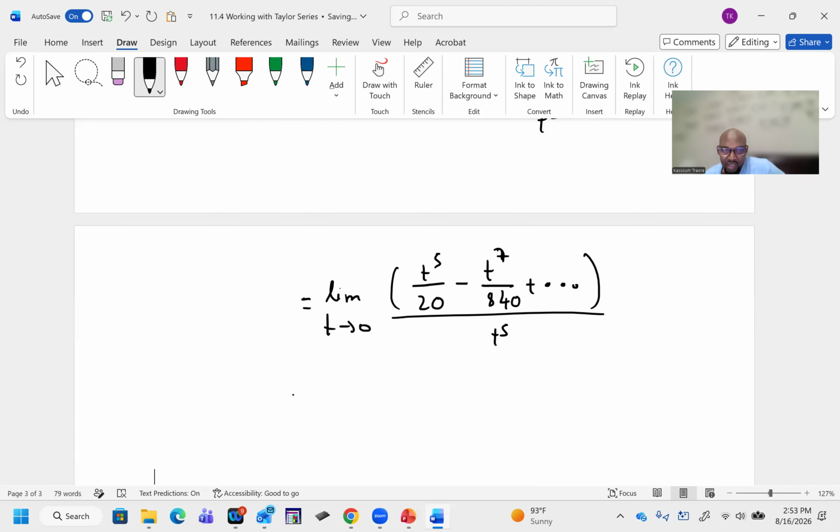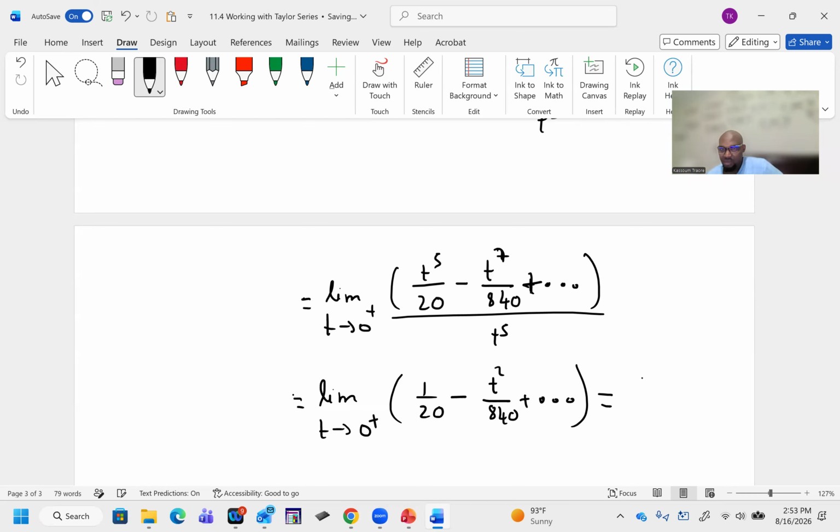Simplifying this one, we will get what? Dividing through by t to the power of 5, this will give us 1 over 20 minus t squared divided by 840 plus and so on, as t approaches 0 from the right.